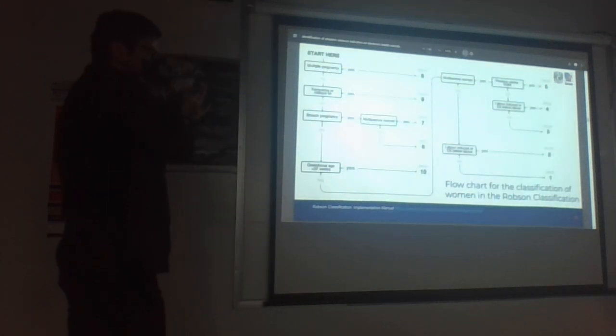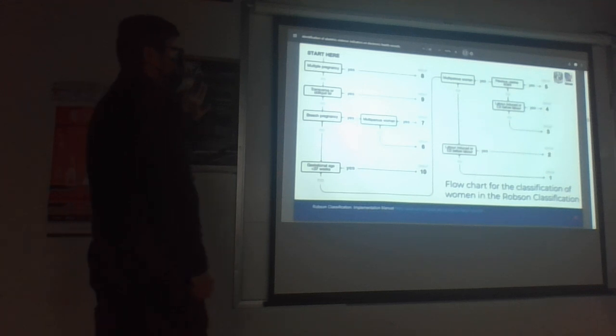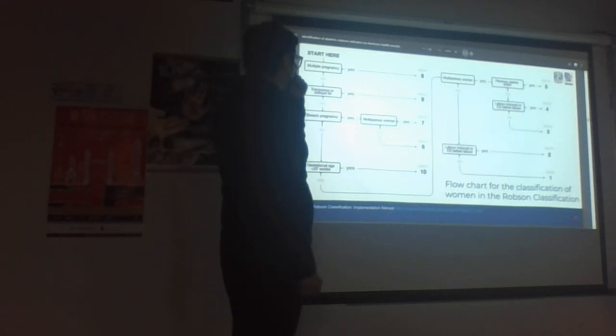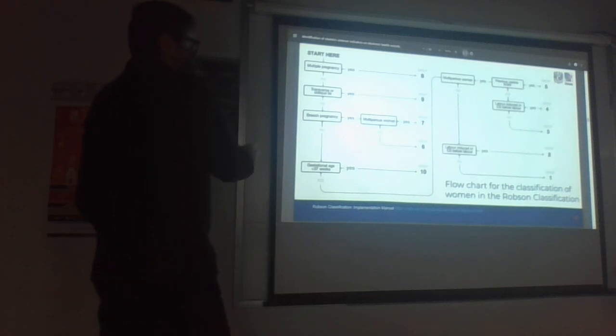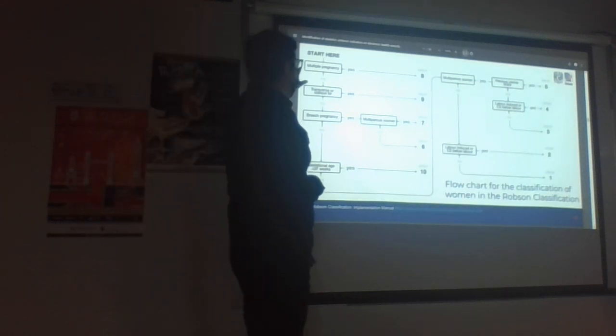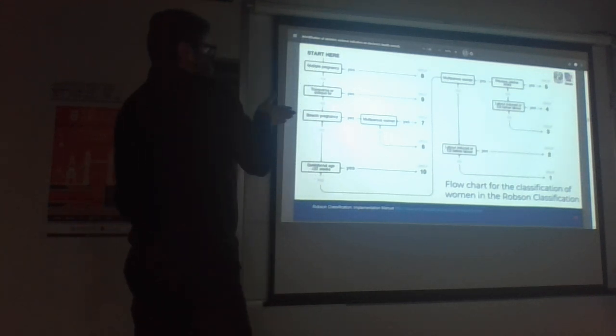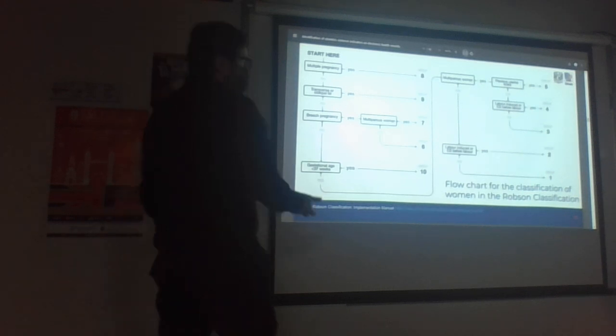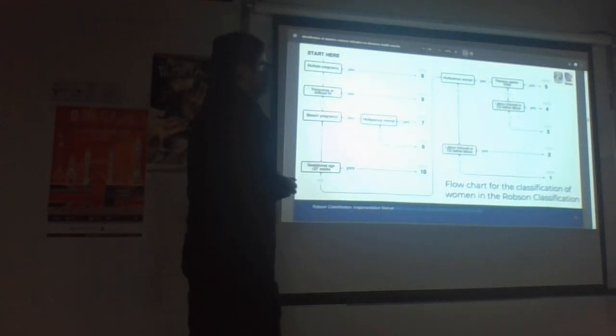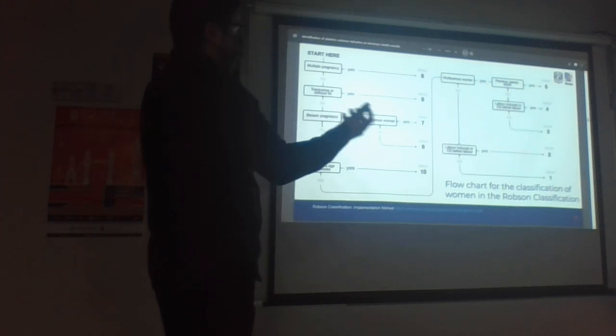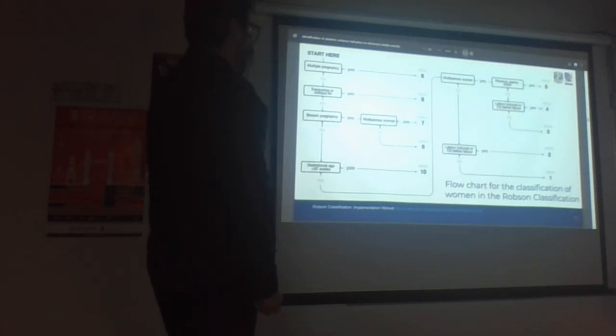This is a flow chart for the classification of women in the groups. It is very easy, but actually we need to know all the indicators to choose a group to which a woman or group of women belong.